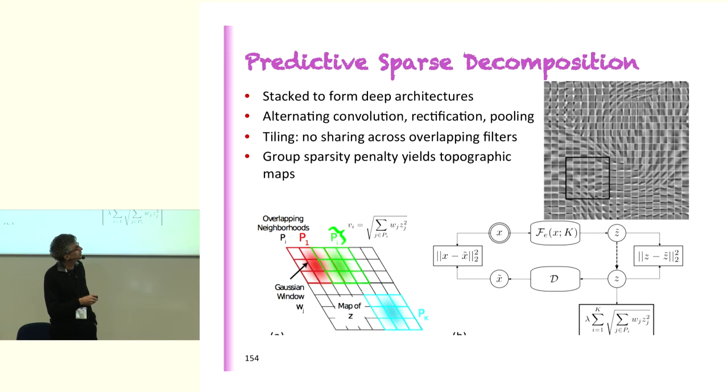And then you get these nice patterns. So these are the filters, the preferred inputs of different units, which are now organized according to a topology. Because of this penalty, there's a neighborhood between units. They're not in some arbitrary order. And you see that nearby units compute similar things, and you get these patterns that you also find in the visual cortex.